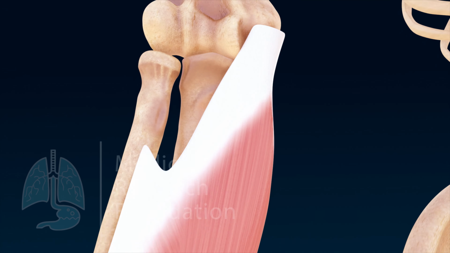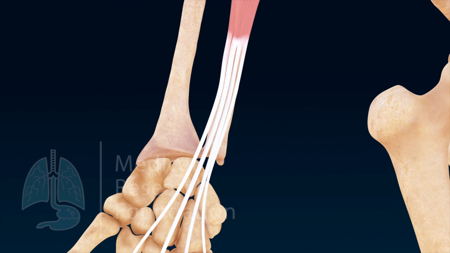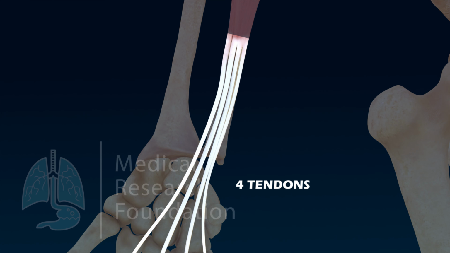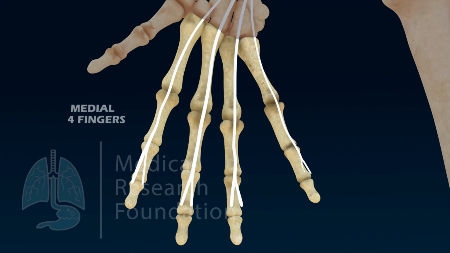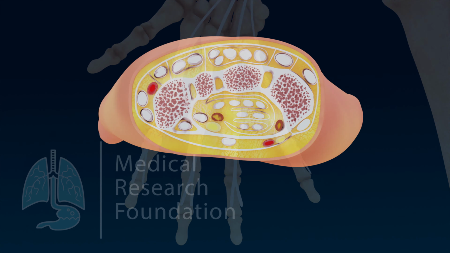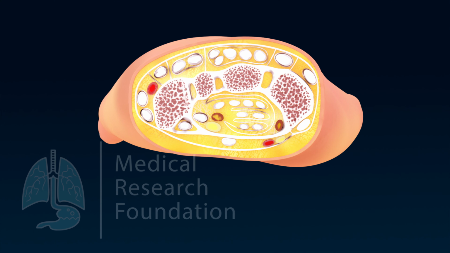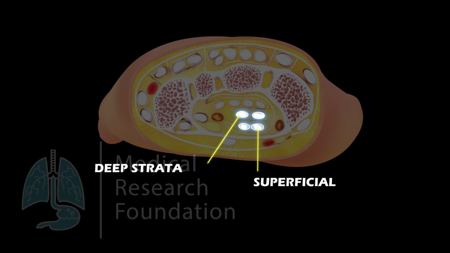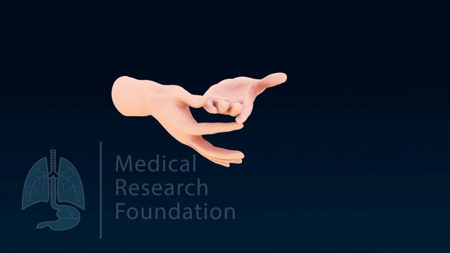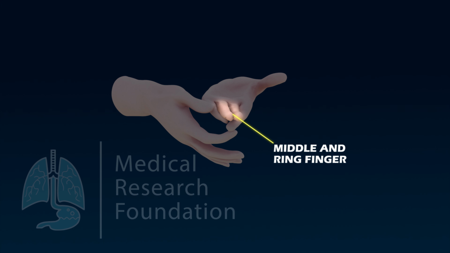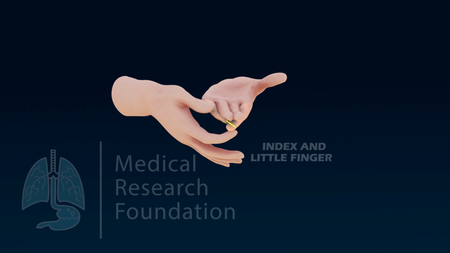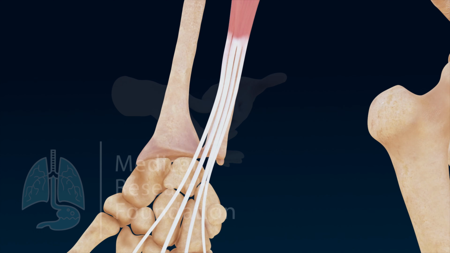Above the level of flexor retinaculum, muscle belly forms 4 tendons, which go to the medial four fingers. Tendons are placed in superficial and deep strata. Superficial stratum consists of tendons for middle and ring finger, and deep stratum for index and little finger.